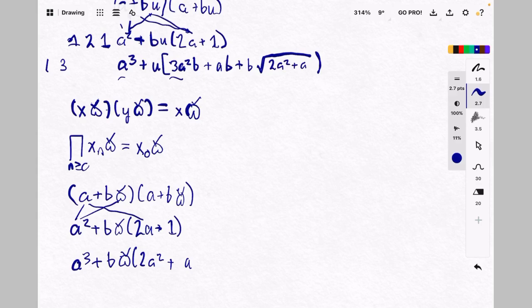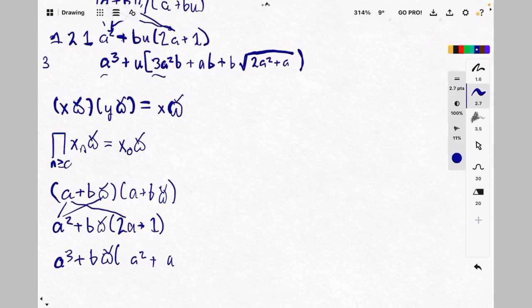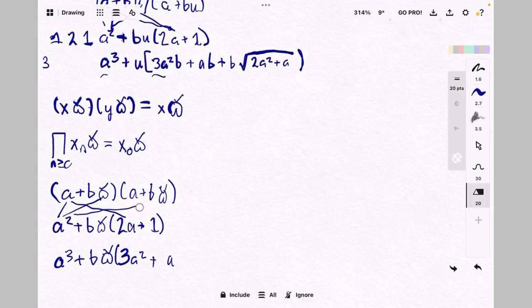So we just add another 1 to this, so 3. And then we multiply this b times this b. Let me erase all these stupid lines real quick.